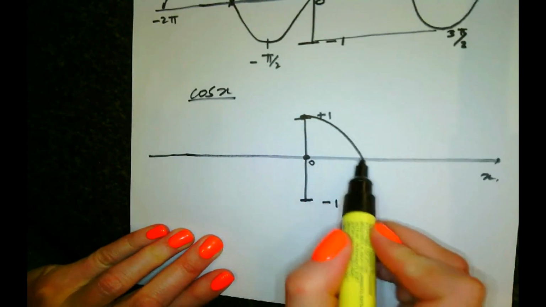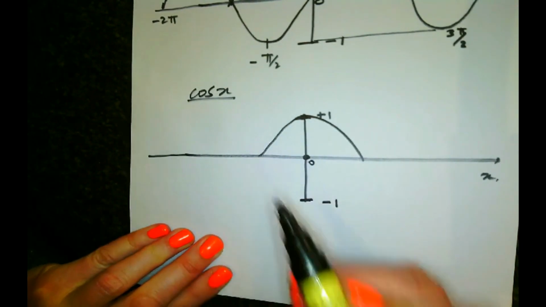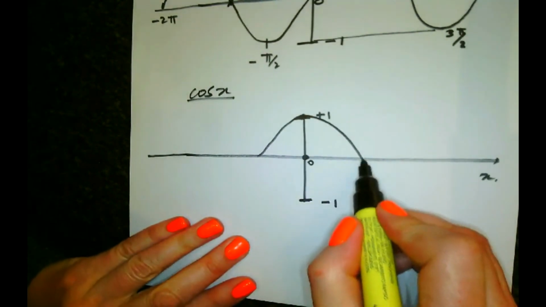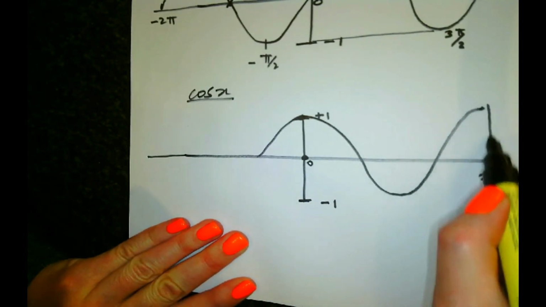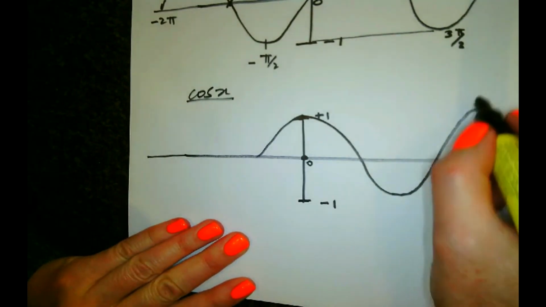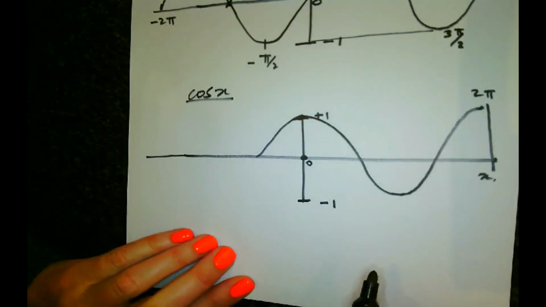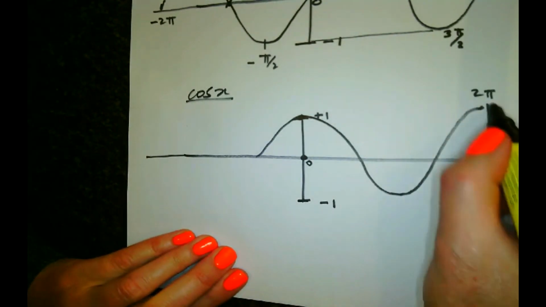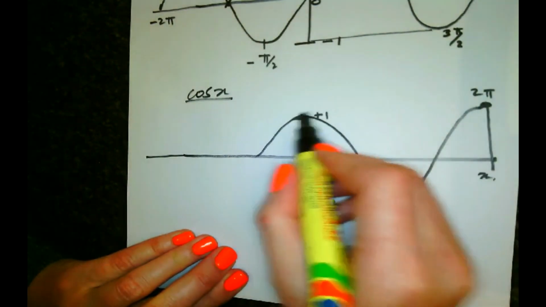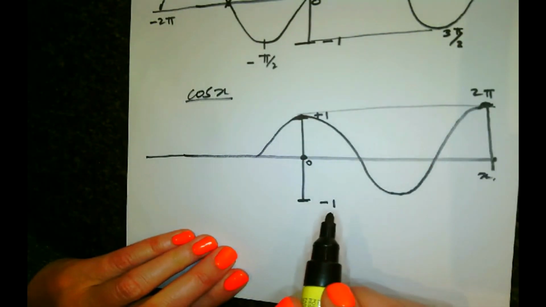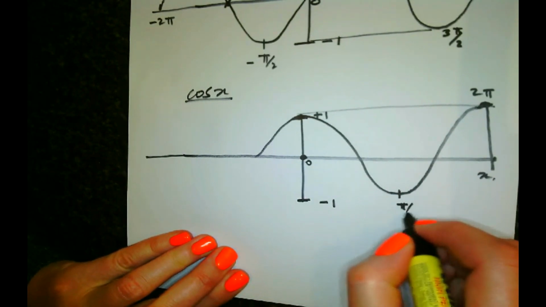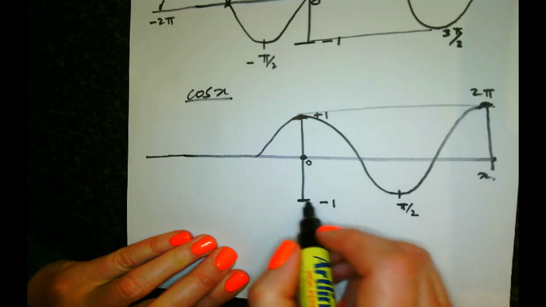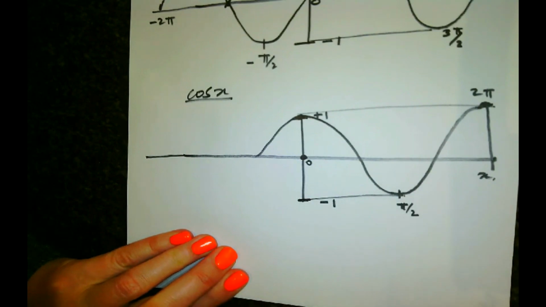And it is symmetric about 1. It again repeats over 2 pi radians, and at 2 pi it is again equal to 1. So at pi, it is equal to minus 1.